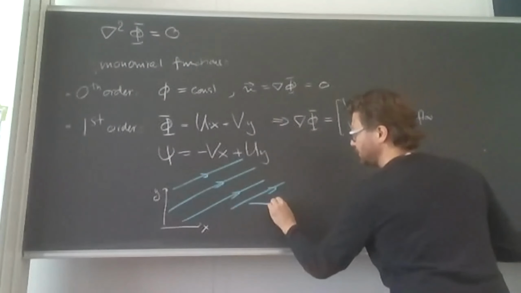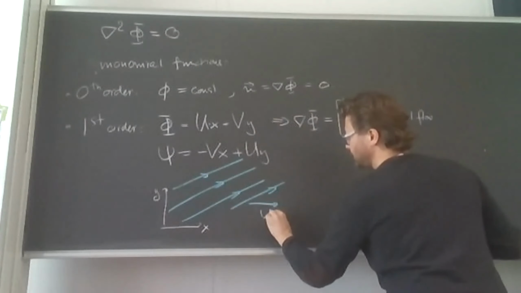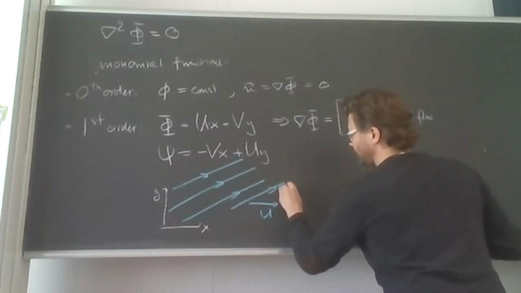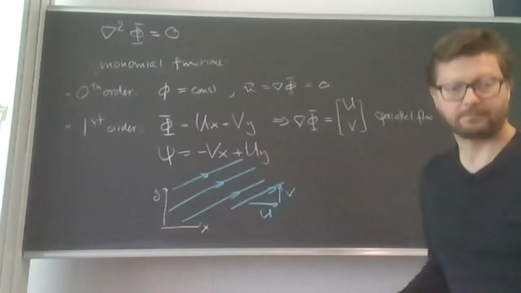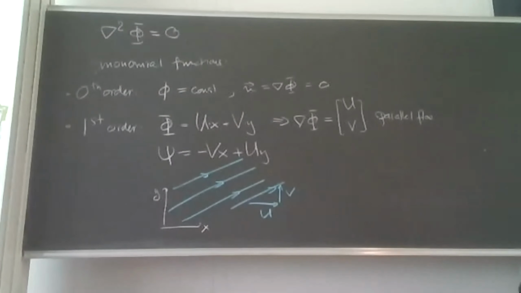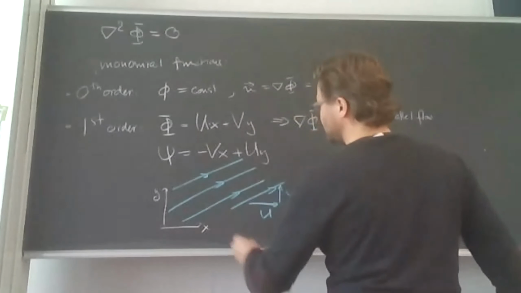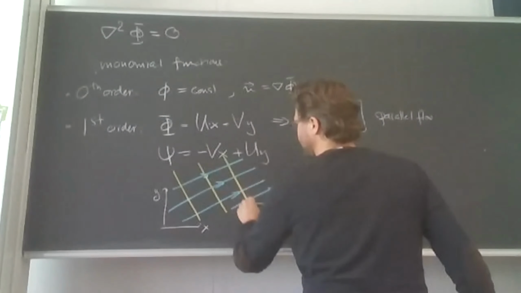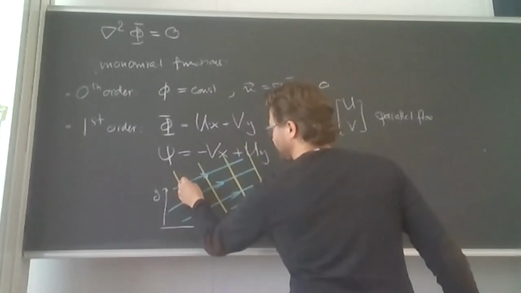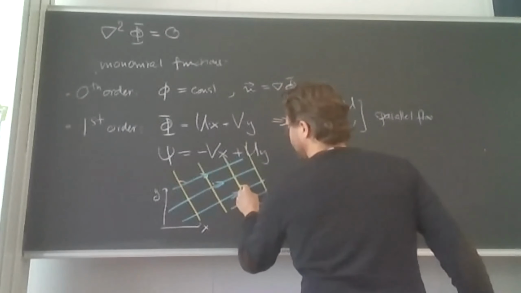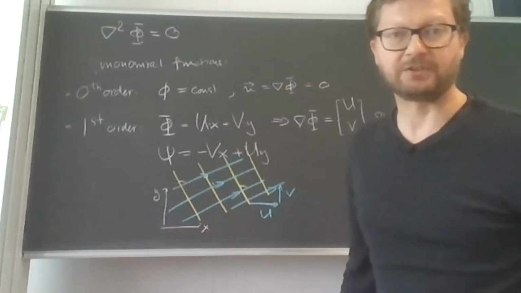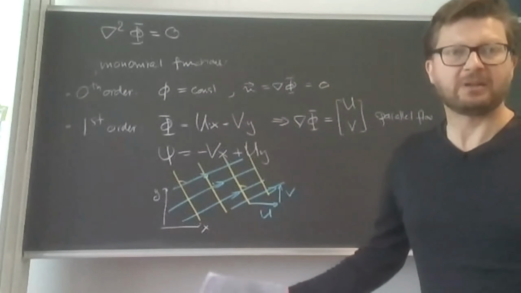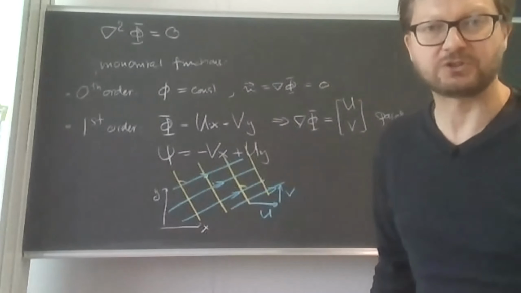You have the components capital U and capital V, and the equipotential lines are just perpendicular to it. So this is maybe the simplest potential flow solution we can have.